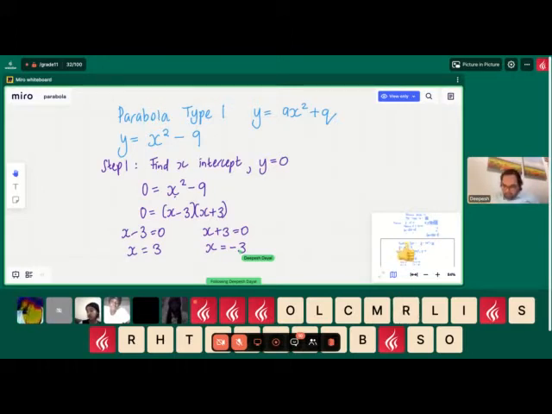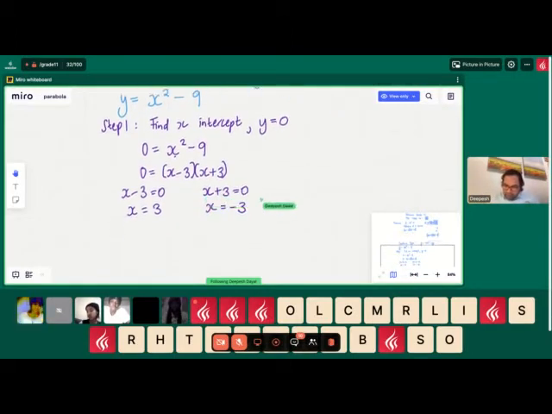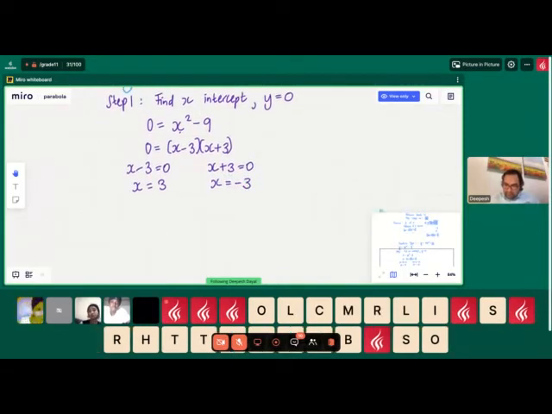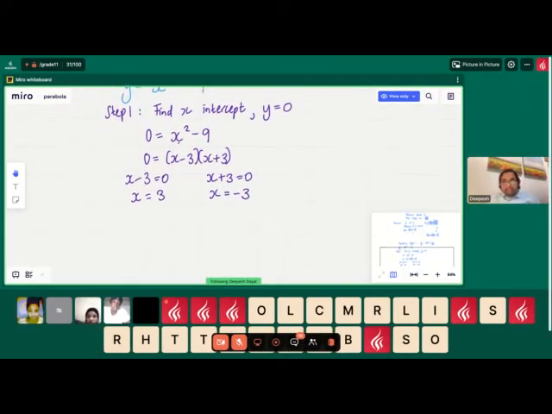Great. Okay, so we found our 2 x values. Now we need to find, as you said earlier, the y-intercept. So that is our step 2. Our step 2 is to find the y-intercept.